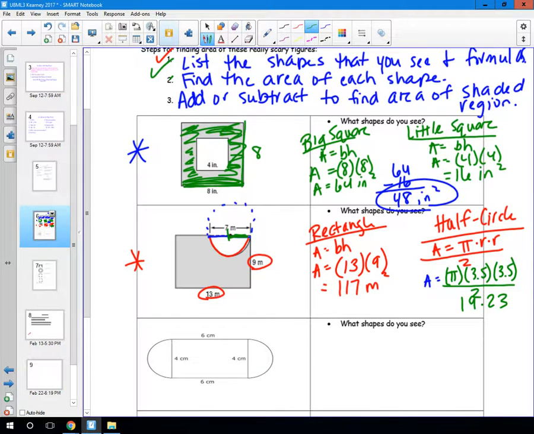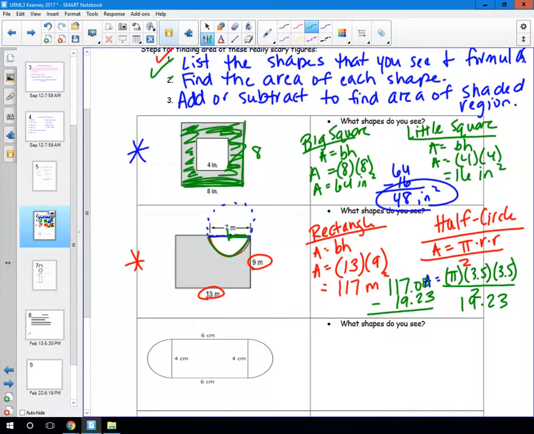Okay, so I have now found, I've listed my shapes and their formulas. I found the area of each, check, and my last step is I want to decide am I going to add them or subtract them. So think about it. What do you have here? You have a rectangle where a half of the circle has been cut out. So what operation would cut out that half circle? That's right, you would subtract. So we would say our rectangle 117 minus our half circle, which is 19.23.